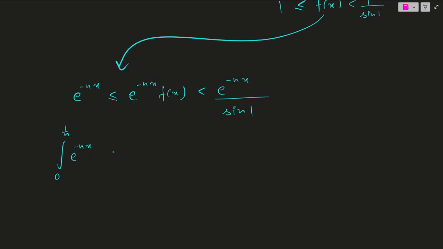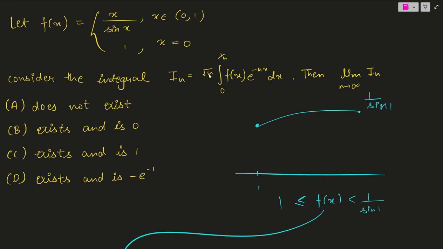The integral from 0 to 1 by n of e raised to power minus nx dx, less than the integral from 0 to 1 by n of e raised to power minus nx f(x) dx, less than the integral of e raised to power minus nx times 1 by sin 1. We can see that this integral becomes closer to this integral.